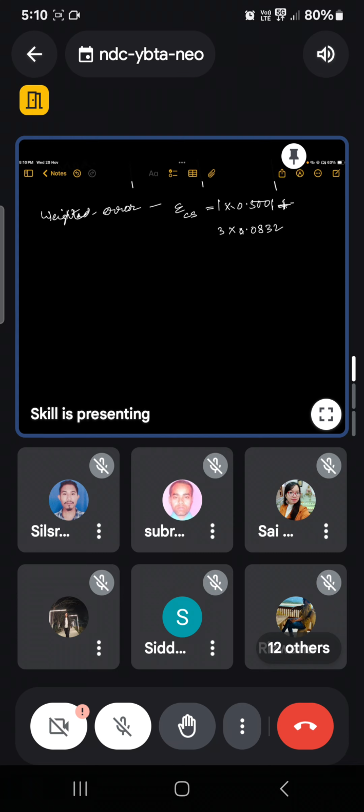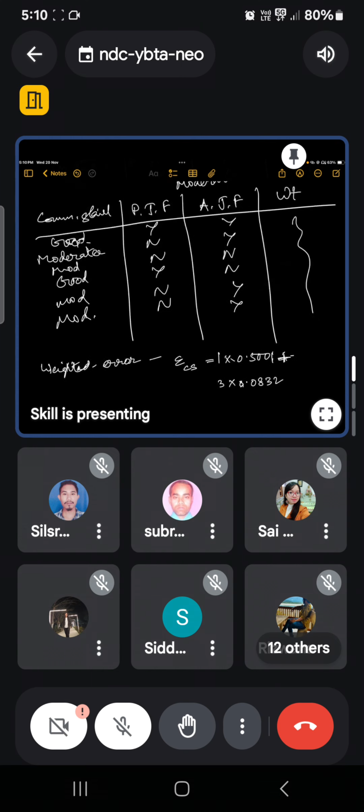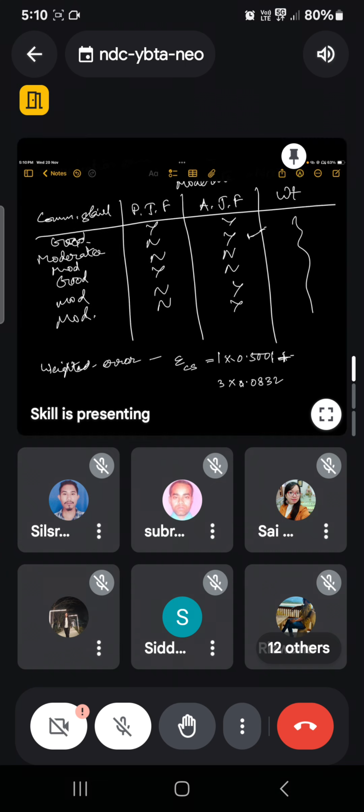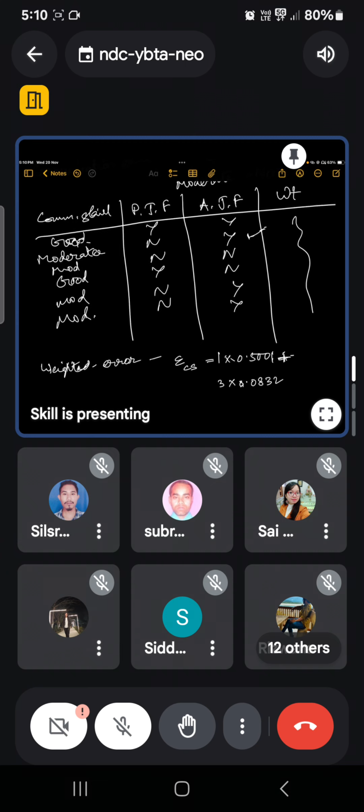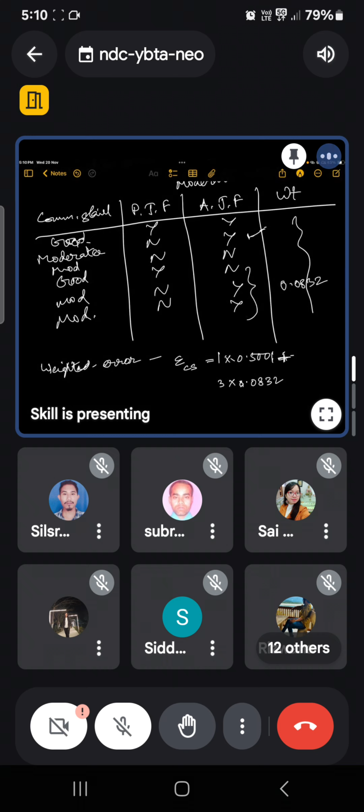So the misclassifications were: one was this, second one, and this 3, which were having the weights 0.0832.